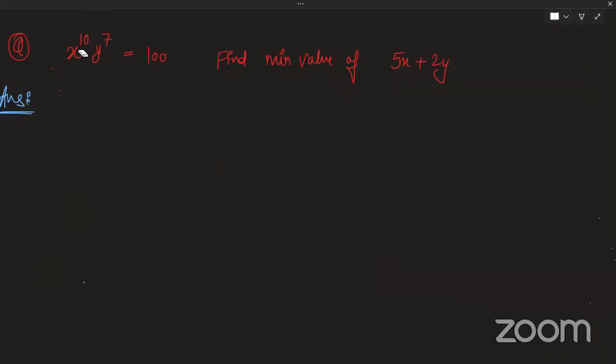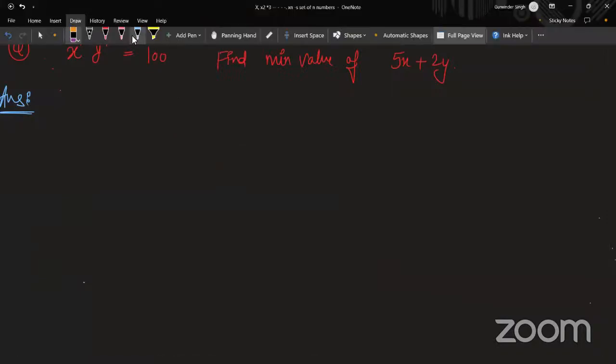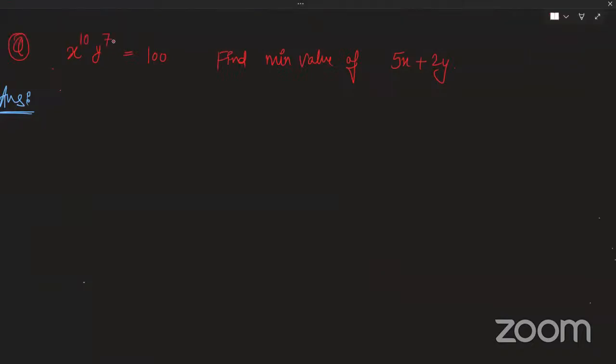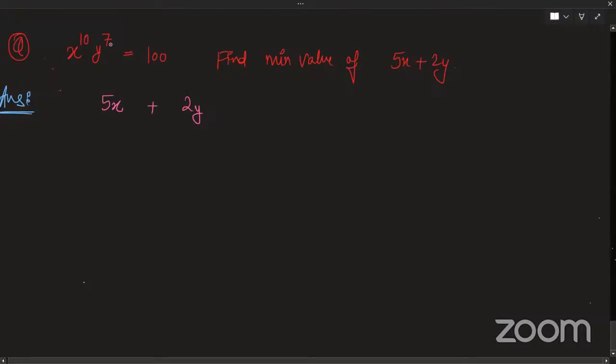Were you able to think of the logic, everyone? No worries if you weren't able to think. I need 5x plus 2y. I need 5x and 2y on my AM side, so I will be adding both of these. But on the right side, I have x 10 times and y 7 times.